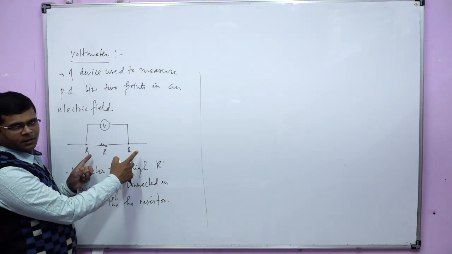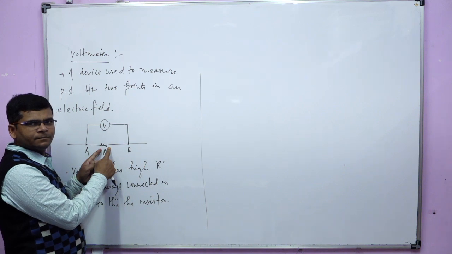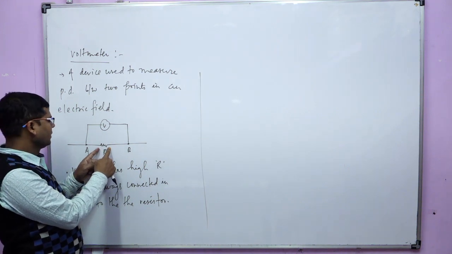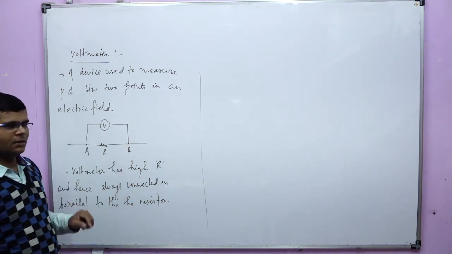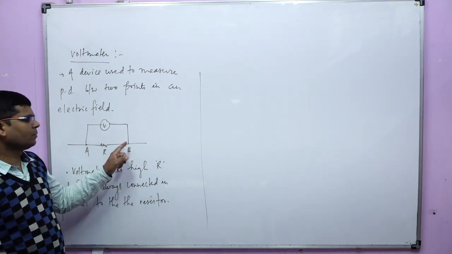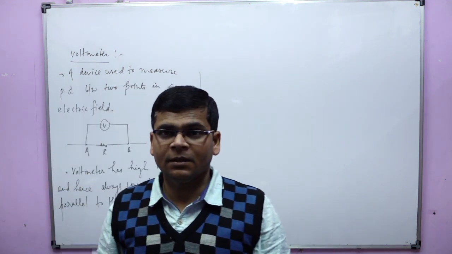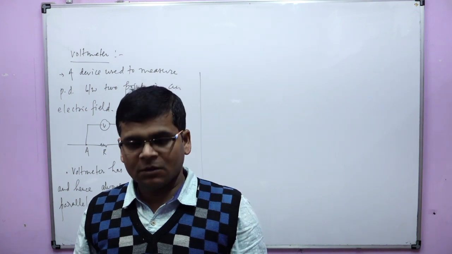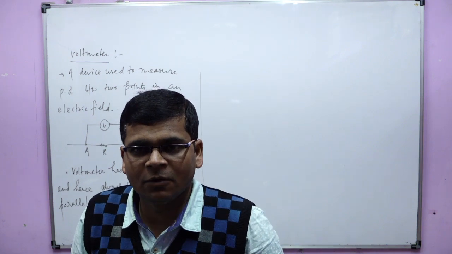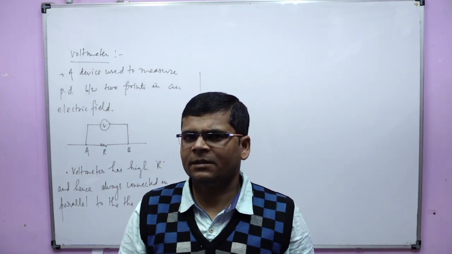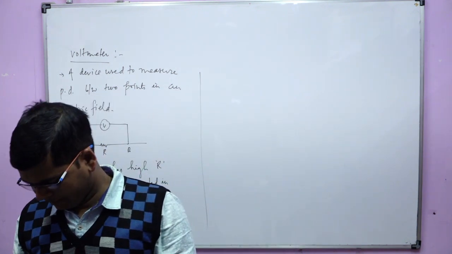In other words, how much resistance this one is offering to the flow of charge can only be measured if it is in parallel. Means between these 2 points we are there to find with what magnitude the electron flow is opposed. So in that sense potential difference is measured. Okay.